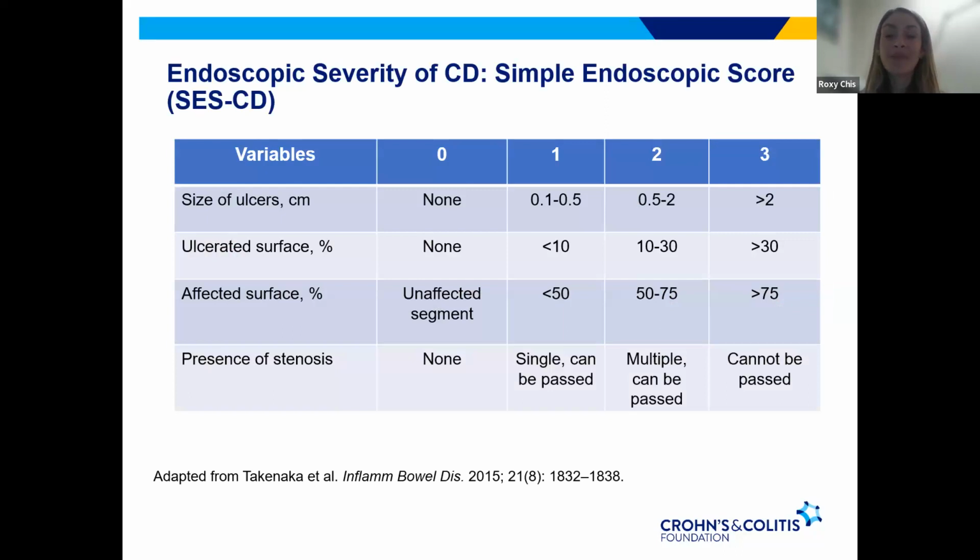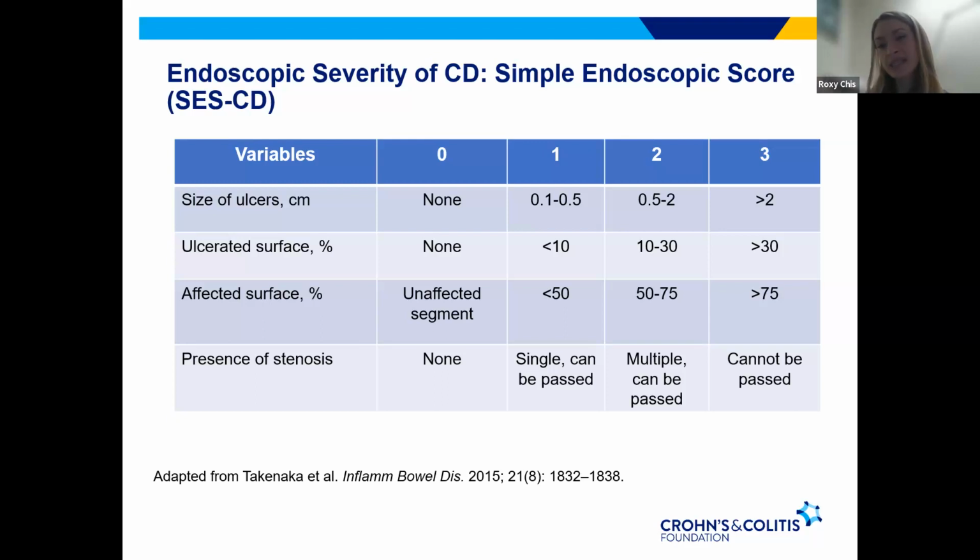This is just the score that we use as endoscopists to rate the severity of Crohn's disease. It's called the simple endoscopic score, SES-CD. It's not simple at all, but it focuses on the number of ulcers, the depth of ulcers, like the size, and then the affected surface area.